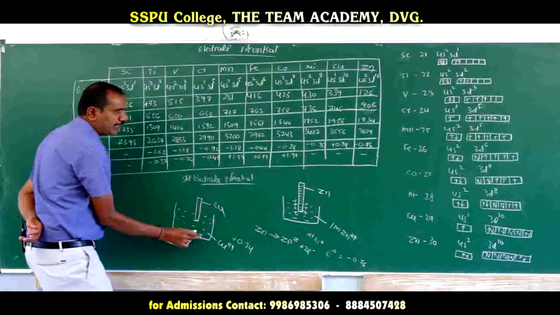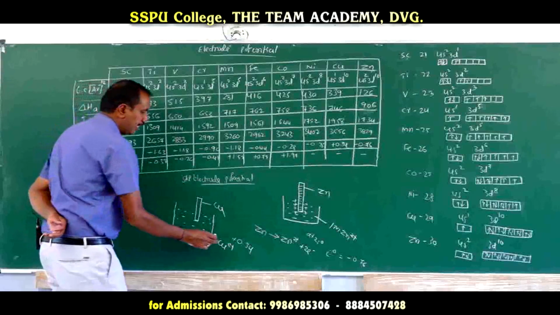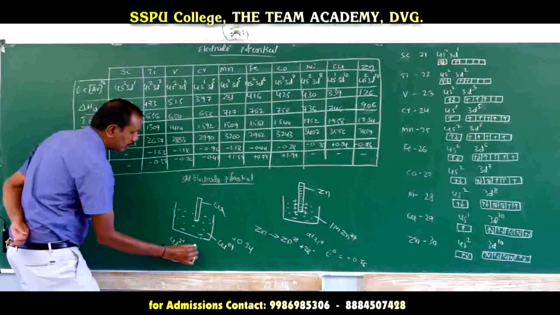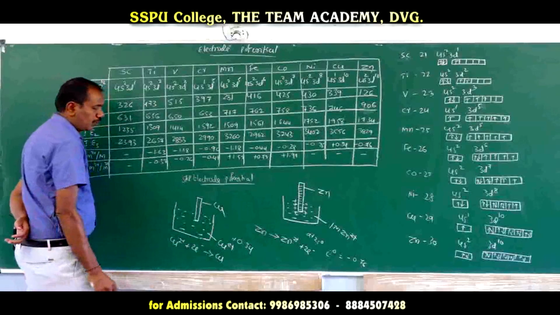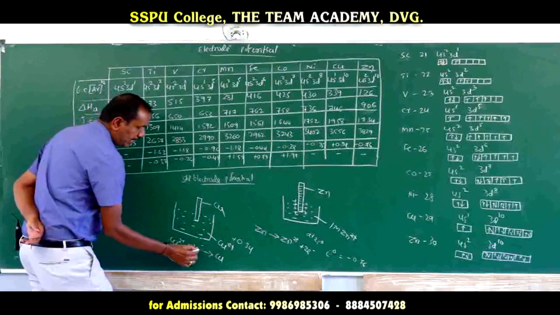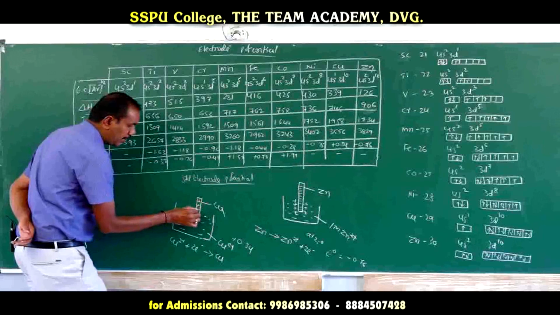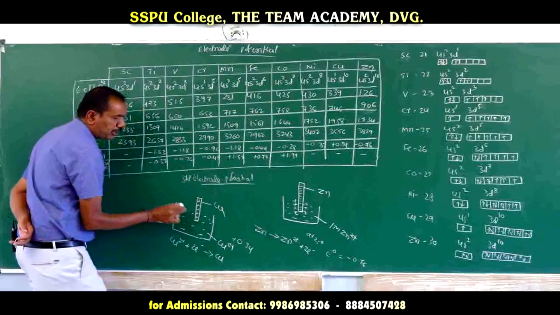Metal is in contact with its own metal ion, so there is a formation of an electrical double layer here. The Cu2+ ions in the solution can gain electrons and become Cu. Those metal ions accumulate on the surface of the metal, so it becomes a positive layer.